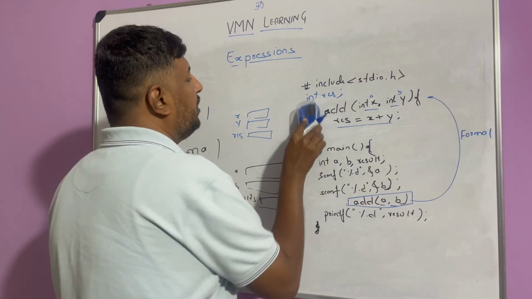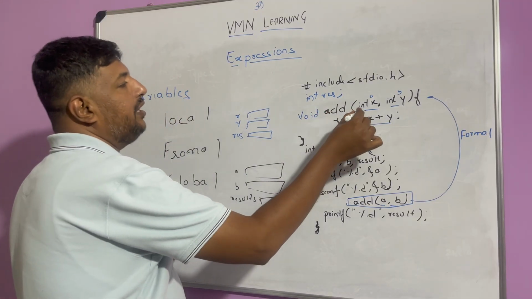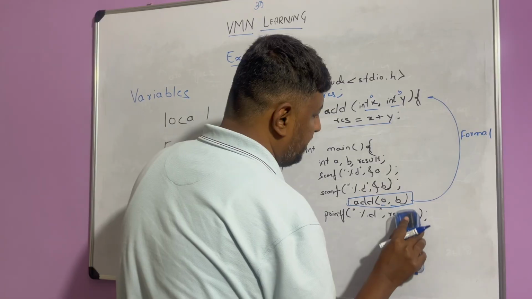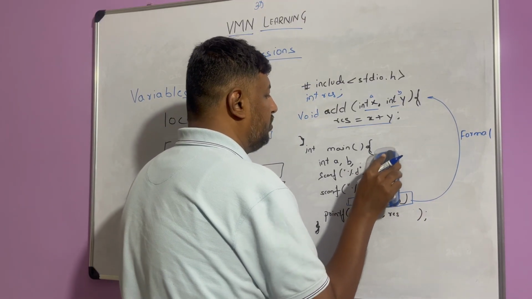I can say void add, int x comma y, a comma b, and instead of result here I can just use res. So I don't want this result also.